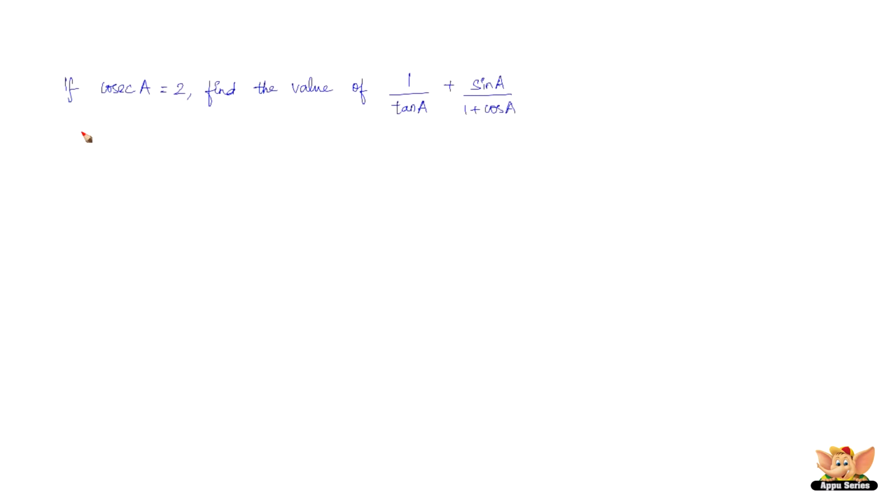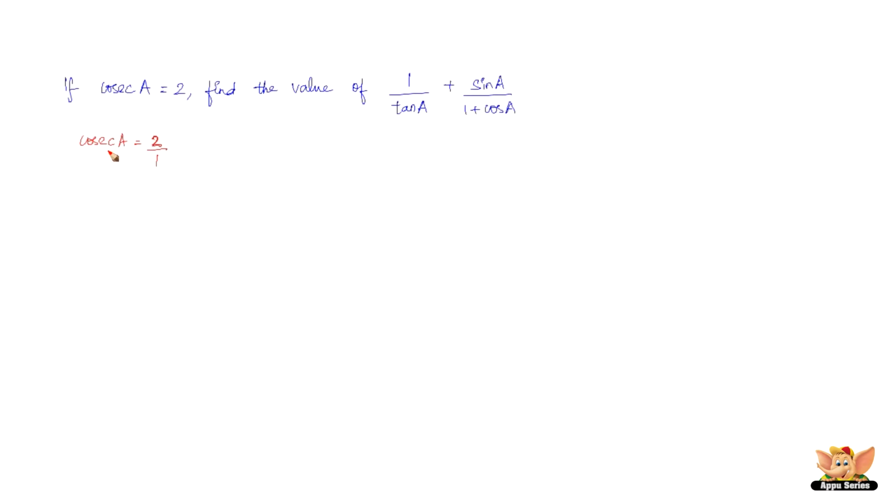Well, it's pretty simple, because when they say cosecant A equals 2, now we need to take the liberty to write 2 by 1. Only then can we go ahead and solve the problem, or we definitely can't solve it with just one value. So we need to definitely write 2 as 2 by 1. Now it definitely makes some sense, right?